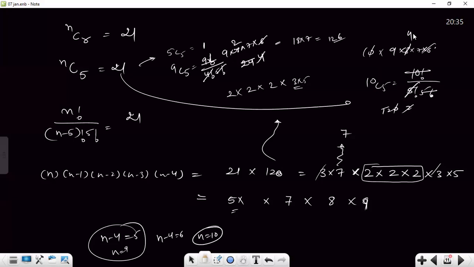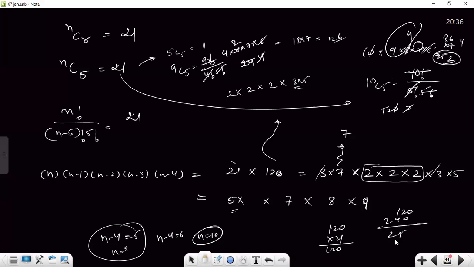This cancels by 4. 36 into 7 is 252. This has some chance to be equal. 252 into 10 is 2520. Yes, we have it equal. So our assumption that n is equal to 10 was right.